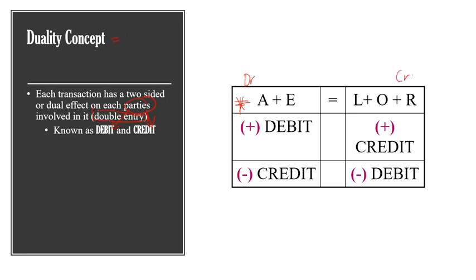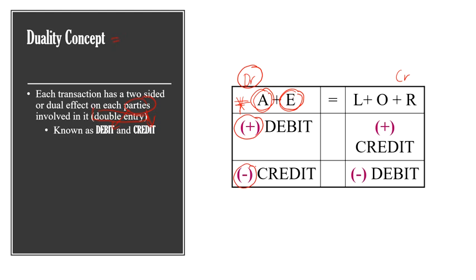Here, A, asset and expenses. When asset and expenses increase, it will be on the debit side. Whereas if assets and expenses decrease, it will be on the credit side.